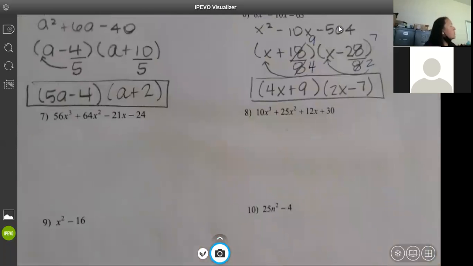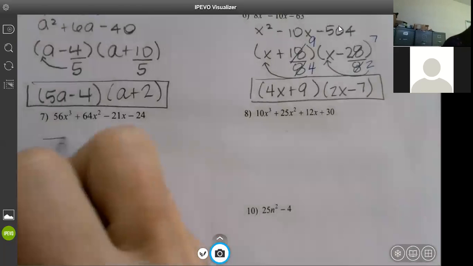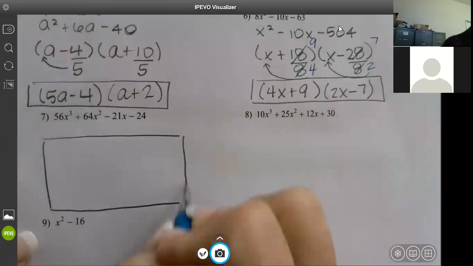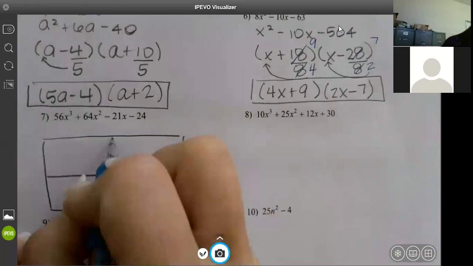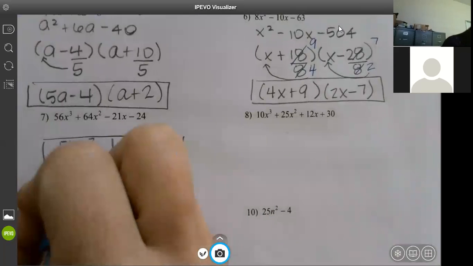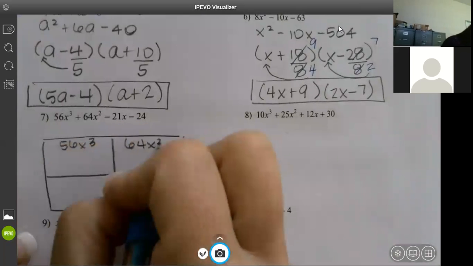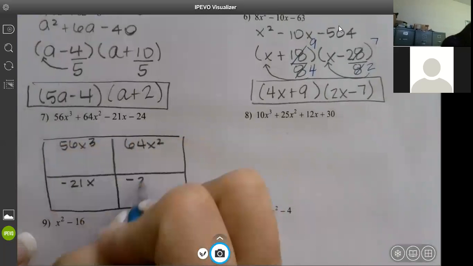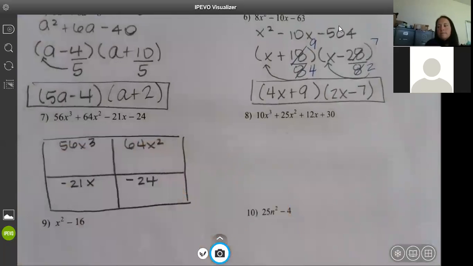7 and 8, I have 4 terms. That's where I do the reverse box. So in the first box, I have 56x cubed, 64x squared in the next one, a negative 21x, and a negative 24.